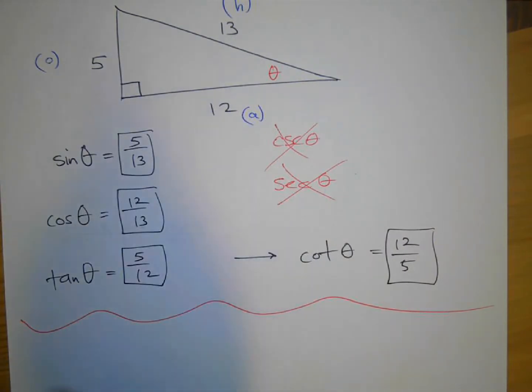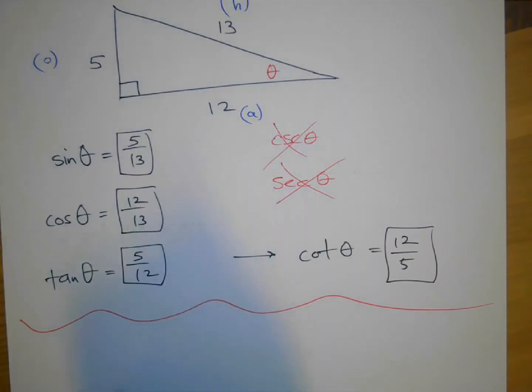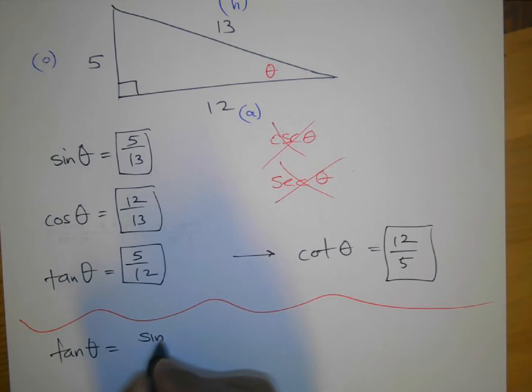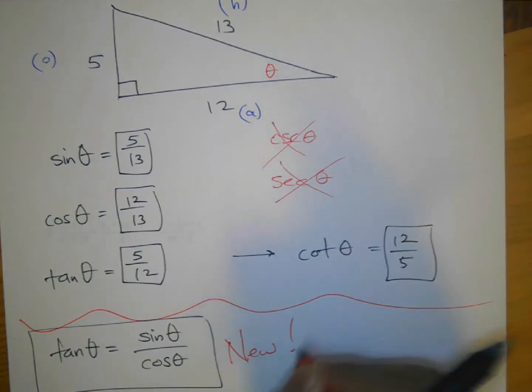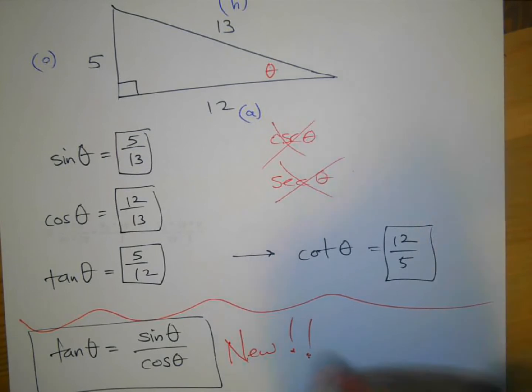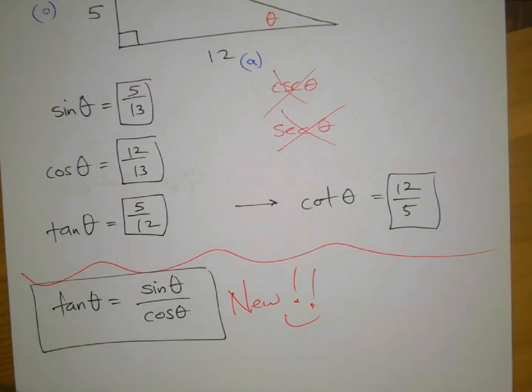So, what is this new identity? This new identity tells us that tangent is sine over cosine. This is the new identity.